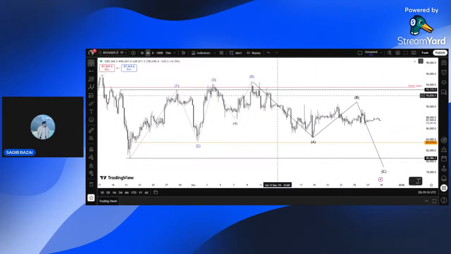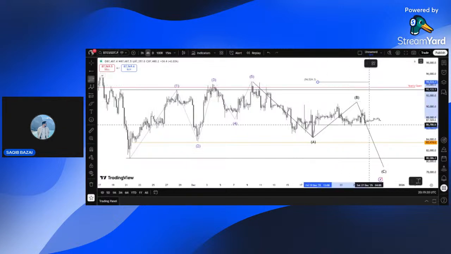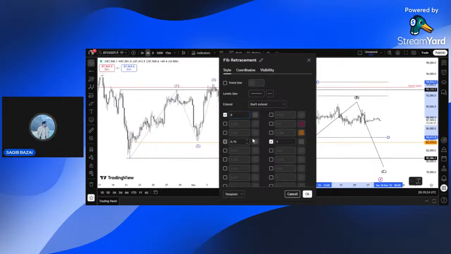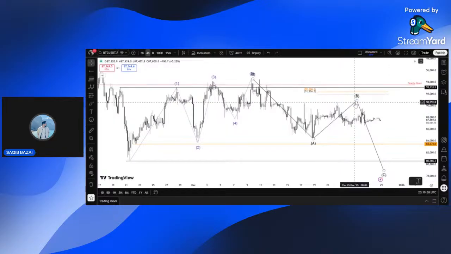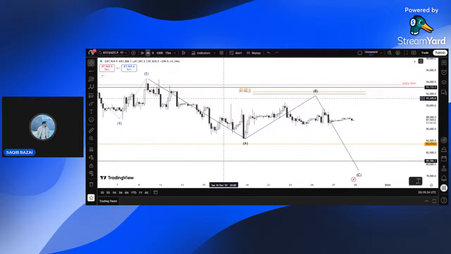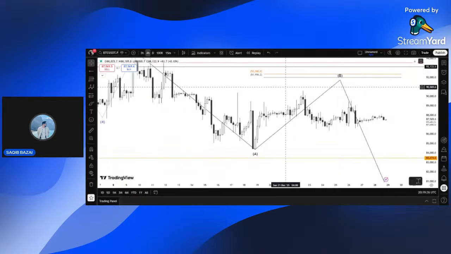The next move for me, the most important move for the upside, would definitely be this specific area. This is one of the areas where I will look for a good rejection, because we have this order block here as well.